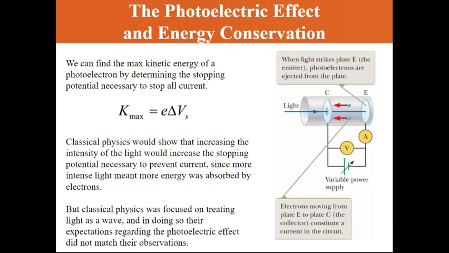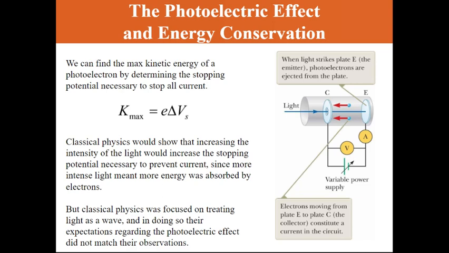Effectively, this is like building a hill big enough that you can't get anything up there. By modulating the negative potential on the battery until all current stops, you could determine the maximum kinetic energy of the electrons, because that would be the point where no electron can reach the other plate.